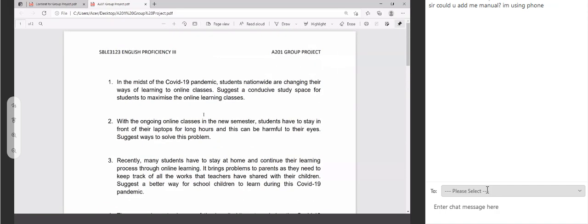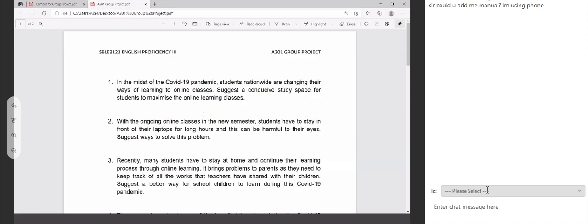So you will get, for example, something like this: in the midst of the COVID-19 pandemic, students nationwide are changing their ways of learning to online classes. Suggest a conducive study space for students to maximize the online learning classes. So this is from last semester, so you will get a different one this semester.